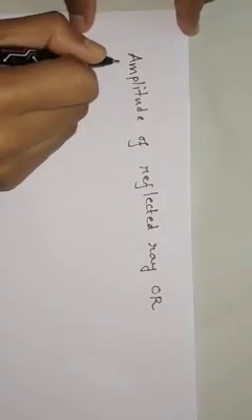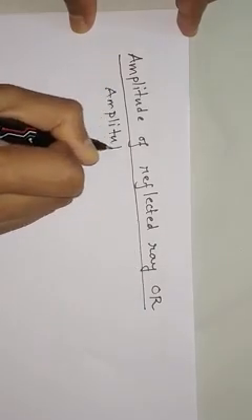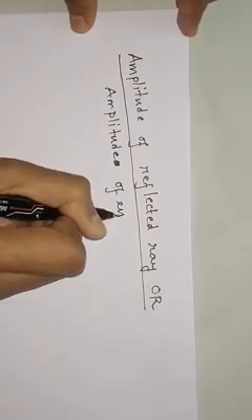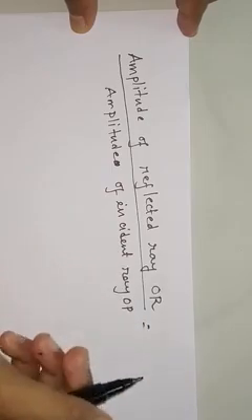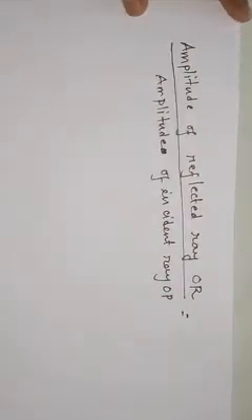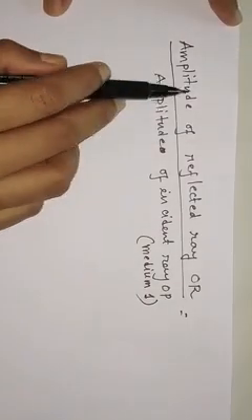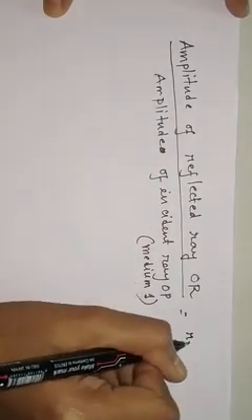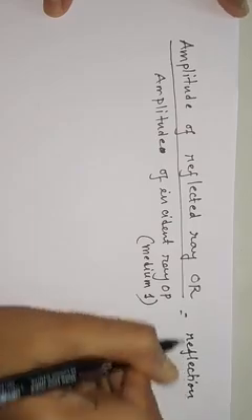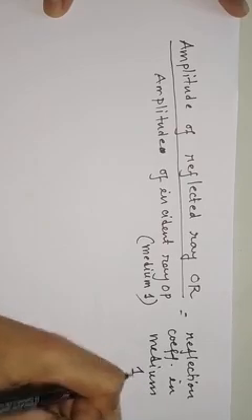We have just said that the amplitude of the reflected ray OR divided by the amplitude of the incident ray PO is equal to, because PO is incident in medium 1 and the reflection happens in medium 1, the reflection coefficient in medium 1.